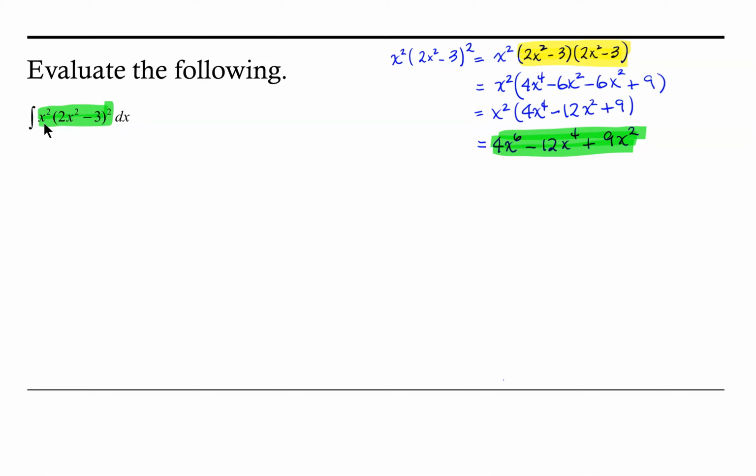So now what we have is the integral of 4x to the 6th minus 12x to the 4th plus 9x squared dx. And now if I integrate that term by term, we have the coefficient of 4.